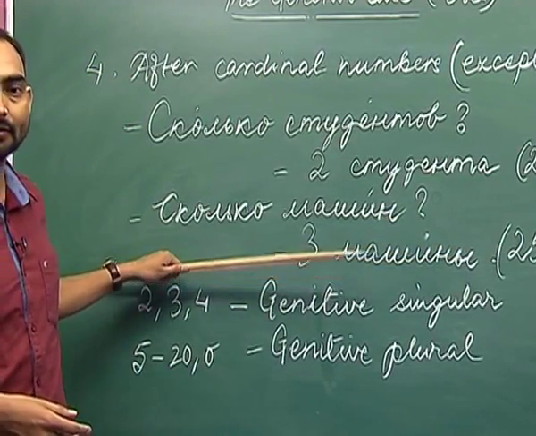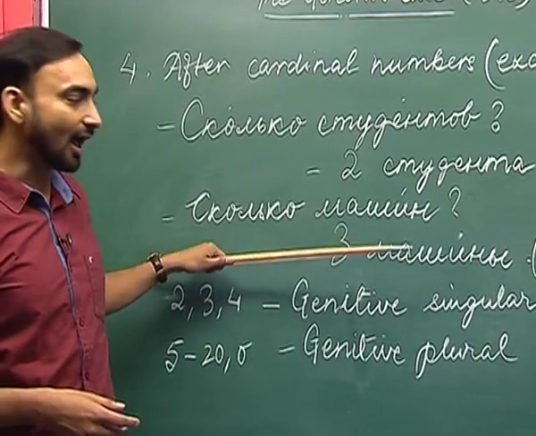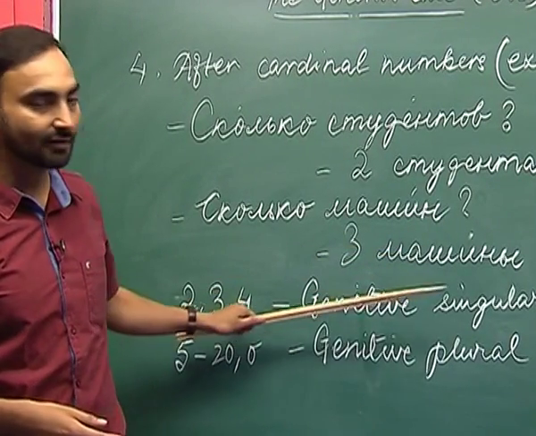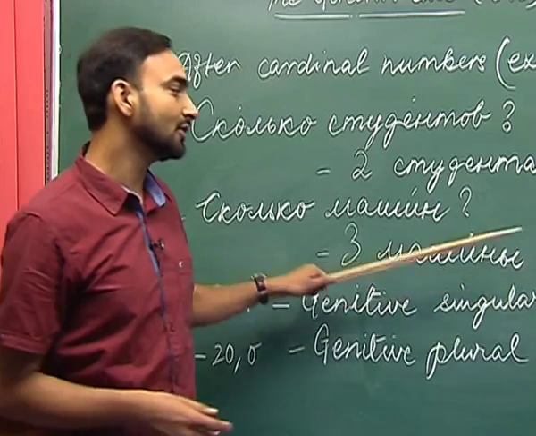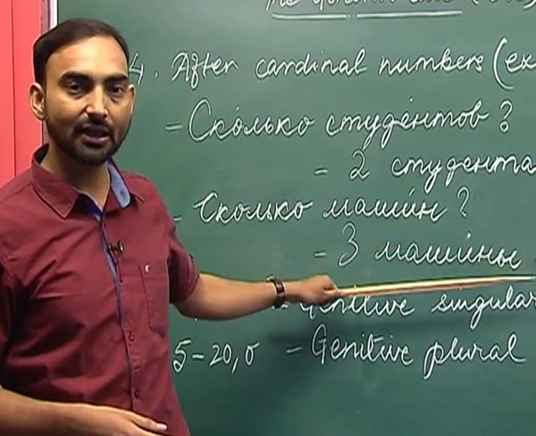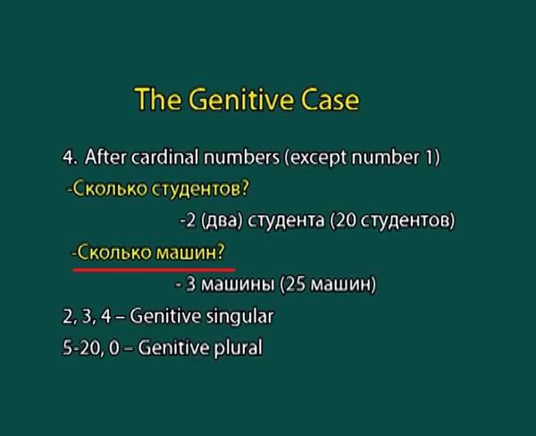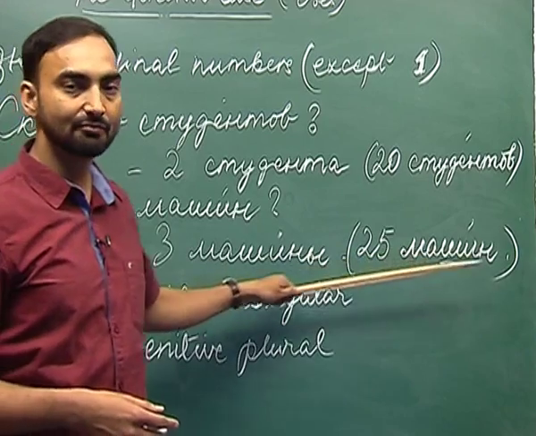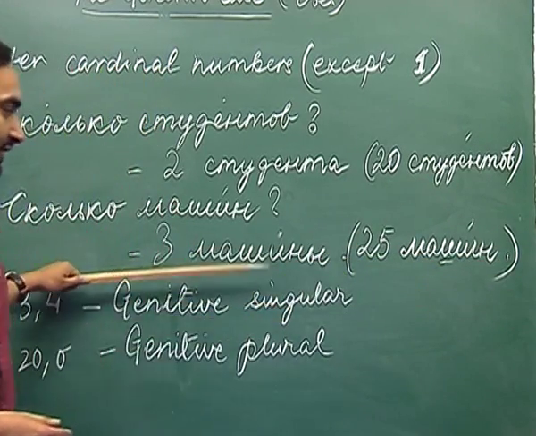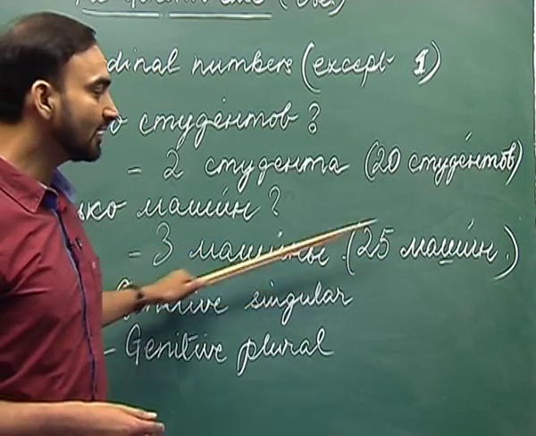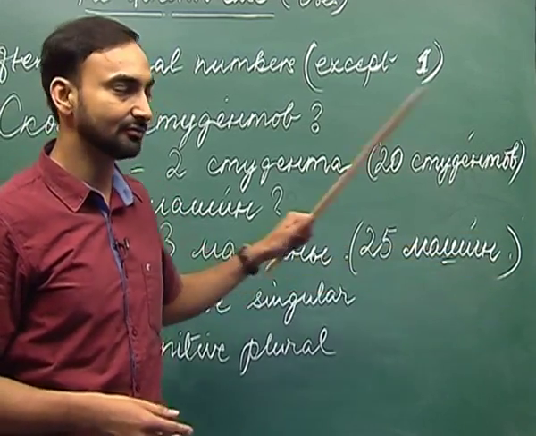So, since here we have used 3, after cardinal numbers 2, 3, 4 we use the genitive singular form of the noun. So, mashina has become mashiny, tri mashiny, and if the number we use has 5 at the end, we use the genitive plural. Dvadtsat pyat mashin, tri mashiny, genitive singular, twenty-five mashin.